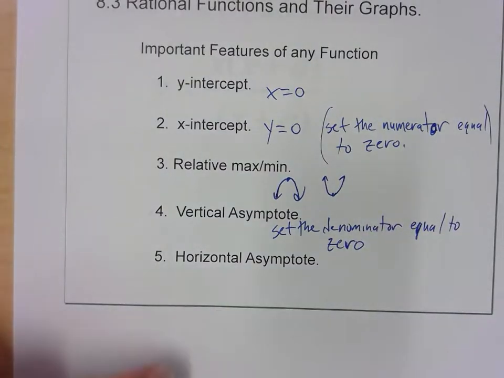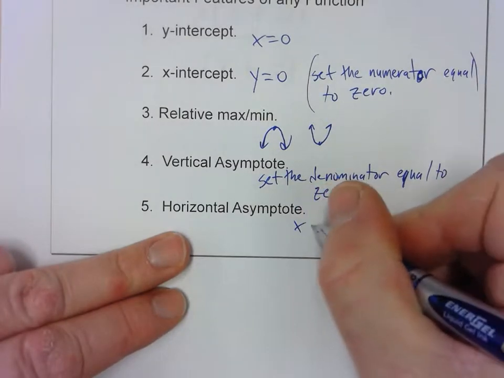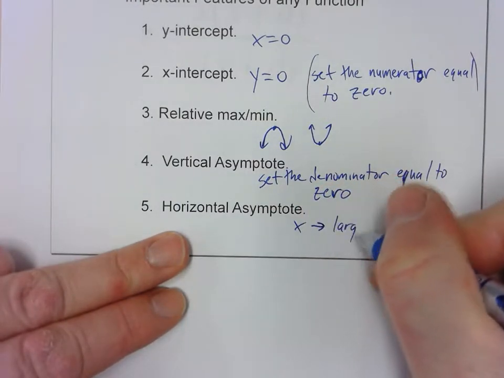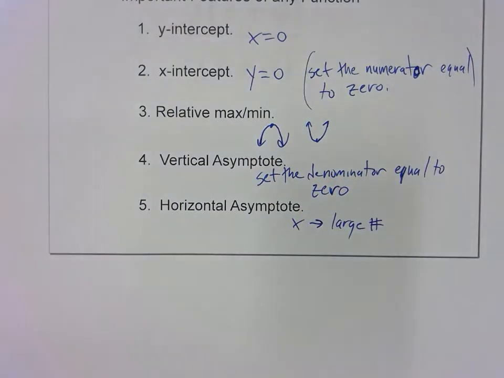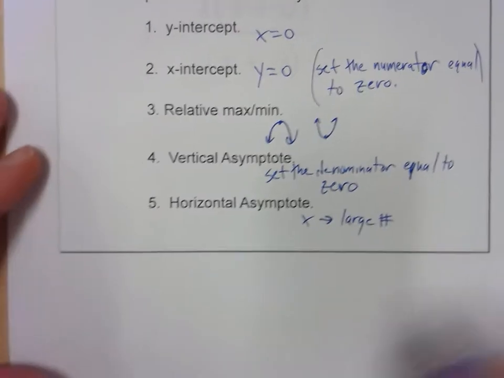All right. Now the horizontal asymptotes are created when x becomes a large number. And there's 3 different scenarios. So what does this mean?